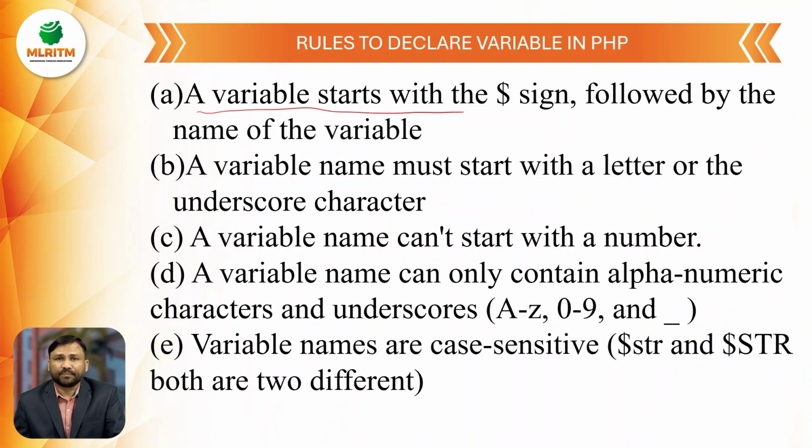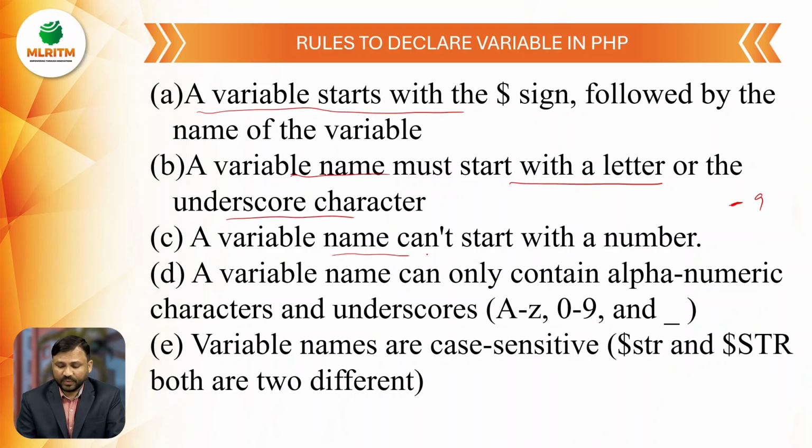Then, a variable name must start with a letter or underscore character. It means whatever variables we create should start with either an underscore or a letter. That is the second rule we need to follow for declaring variables in PHP.